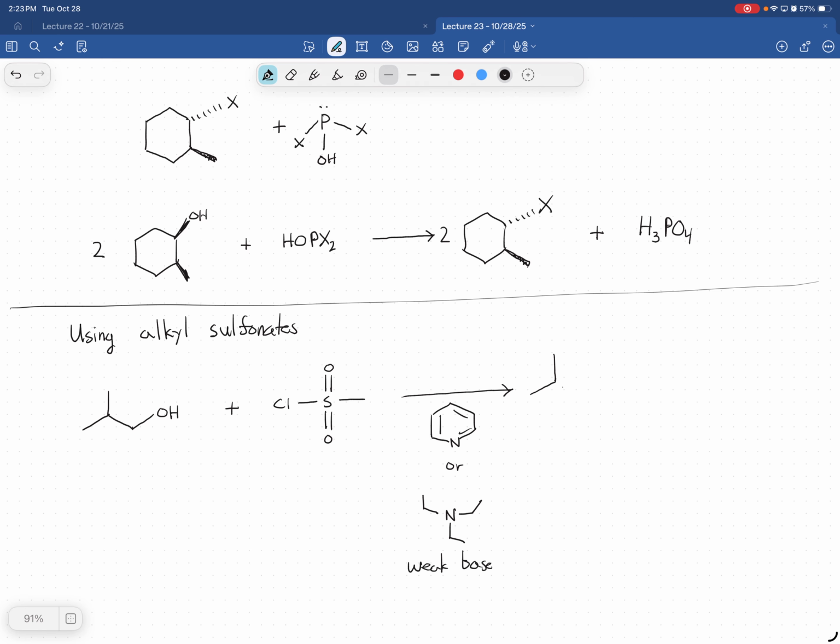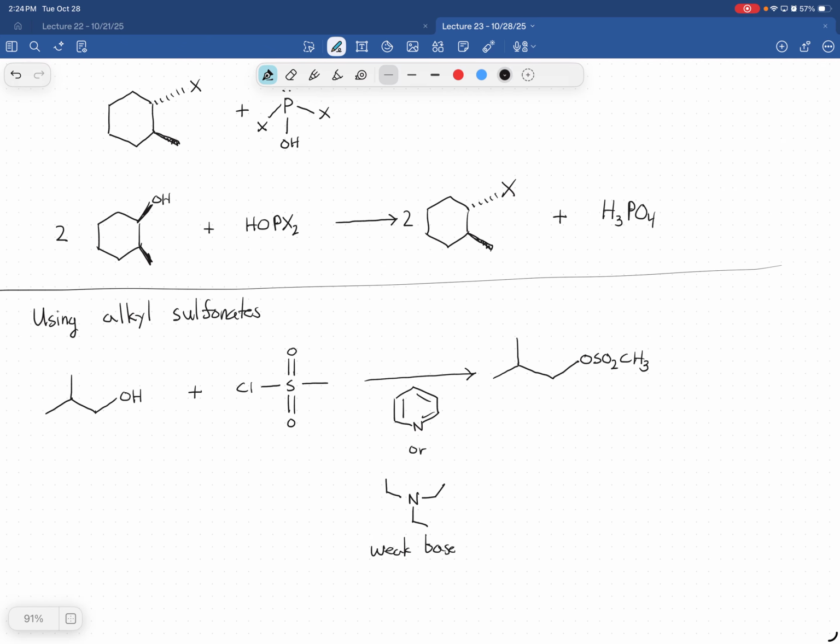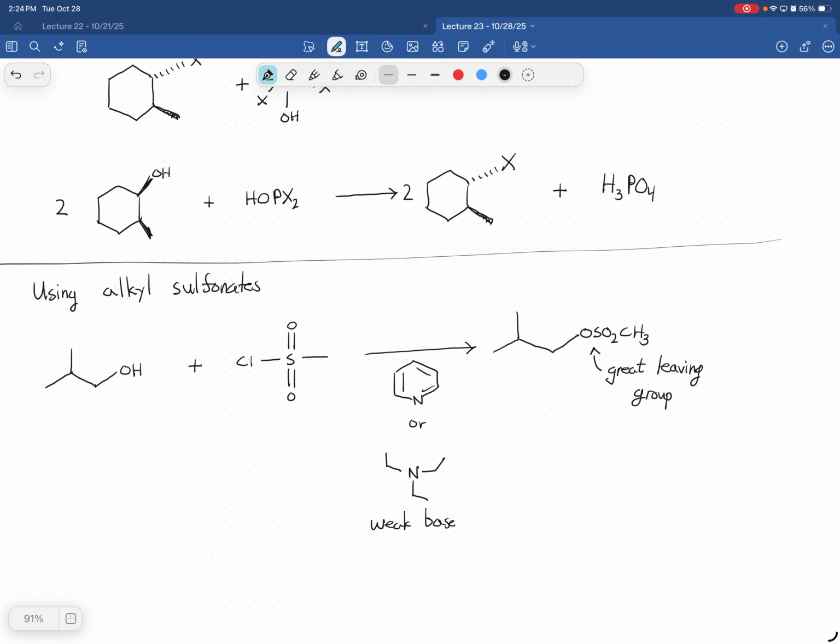So here you would get, notice the alcohol is still intact, SO2CH3. So I added the group that was bonded to the chlorine. So this group right here is a great leaving group, one of the best. And you also get an equivalent of HCl.